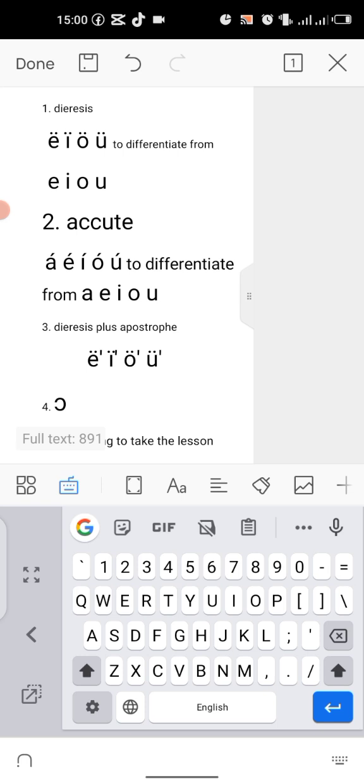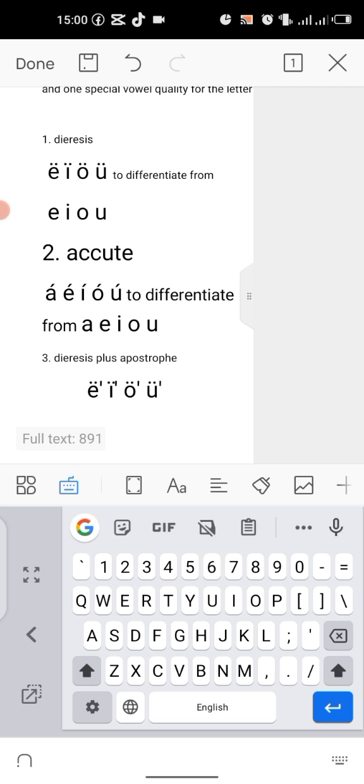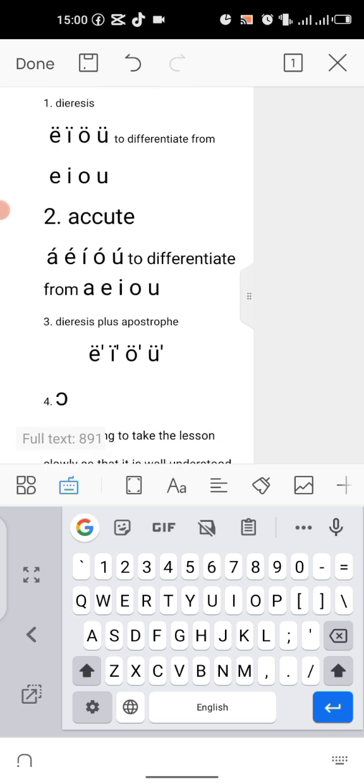So this is how these letters will be pronounced when the glottal stop effect is put.